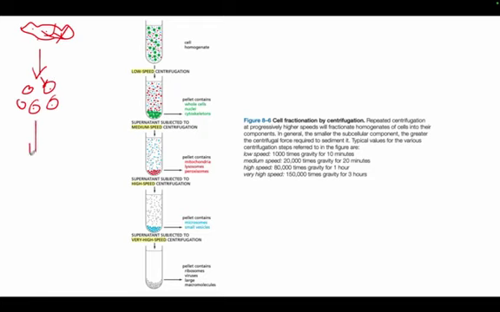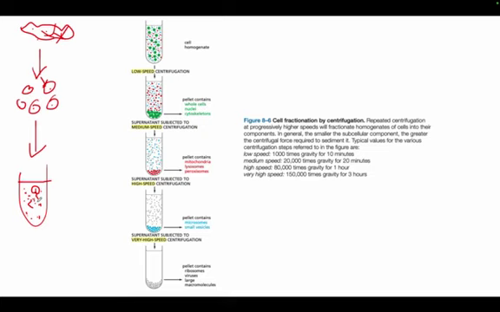You can lyse the cells through sonication, and then what we're left with in the tube is different cell components: little broken cell membranes, nucleus, mitochondria, ribosomes. All of these are just floating around in the mixture now.